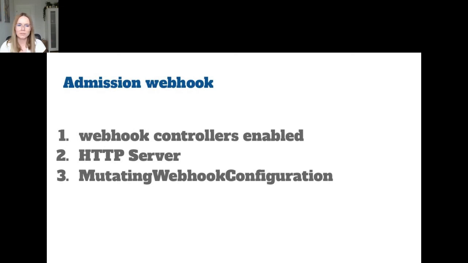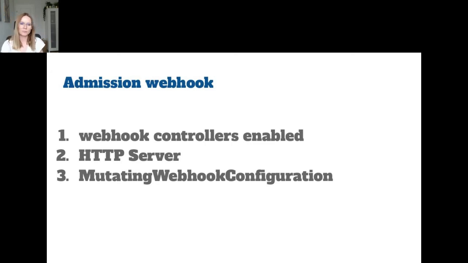When you would like to use admission webhook in your cluster, you will need to check if webhook controllers are enabled in the cluster. Then you will need to implement HTTP server. This server is implemented in tailing sidecar operator, and when you deploy tailing sidecar operator in your cluster, you deploy also this HTTP server.